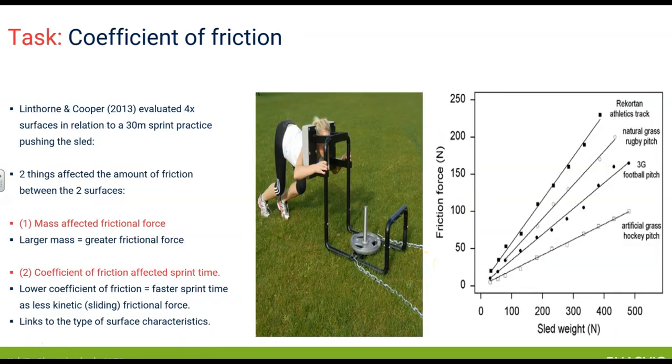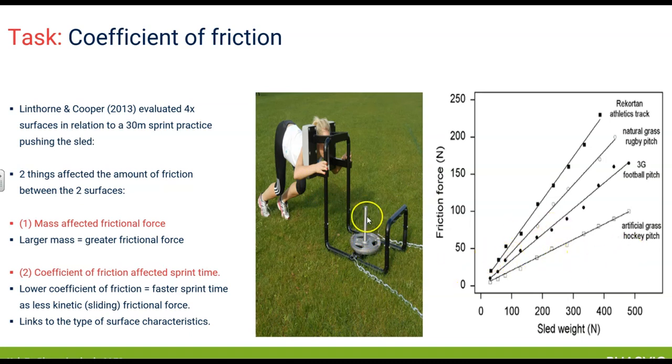So the slightly more involved topic within friction is called the coefficient of friction. Now, before we get into the maths that's involved in the coefficient of friction, let's try and look at things that influence how much friction there is. So Linthorne and Cooper did a study, and they looked at doing a 30-meter sprint pushing this sled.